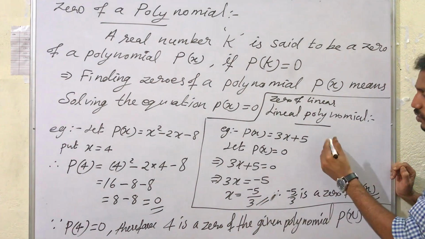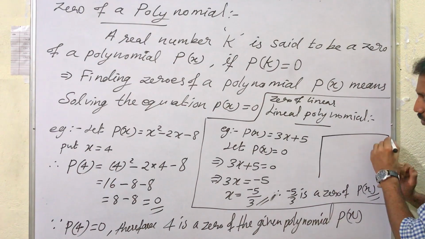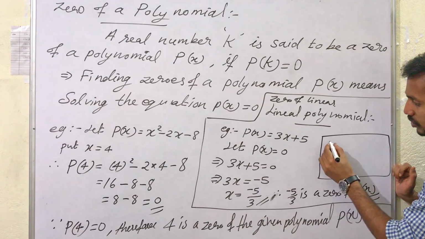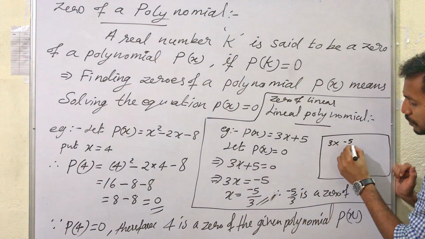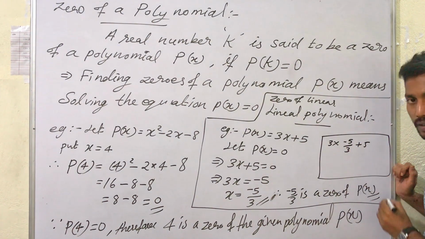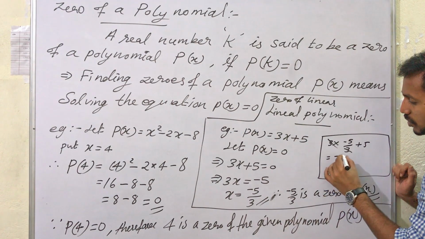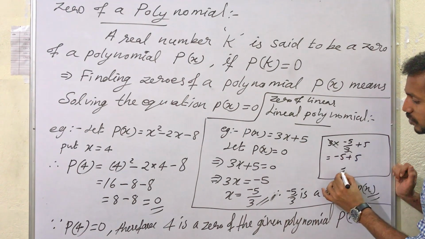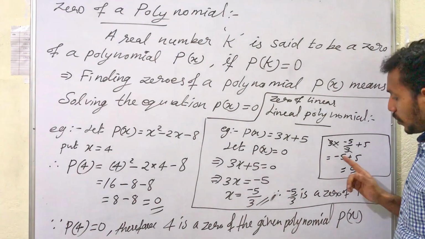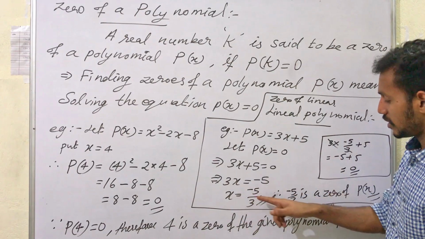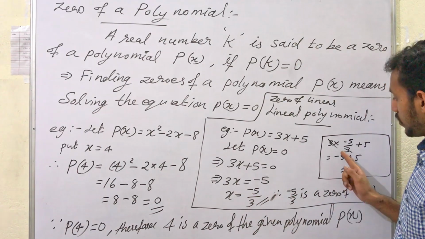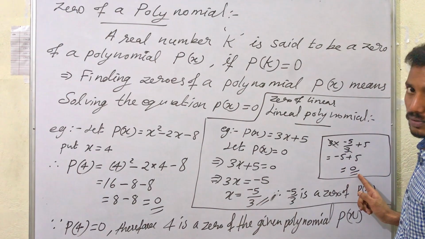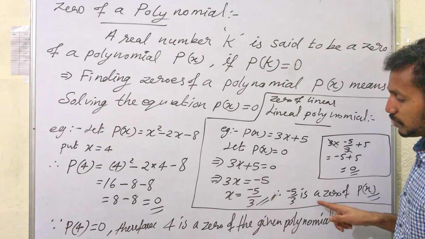Put the value here: 3 into minus 5 by 3 plus 5. This 3 cancels, which is equal to minus 5 plus 5, which gives 0. So for x equal to minus 5 by 3, the entire polynomial becomes 0. That's why this is called the 0 of the polynomial.